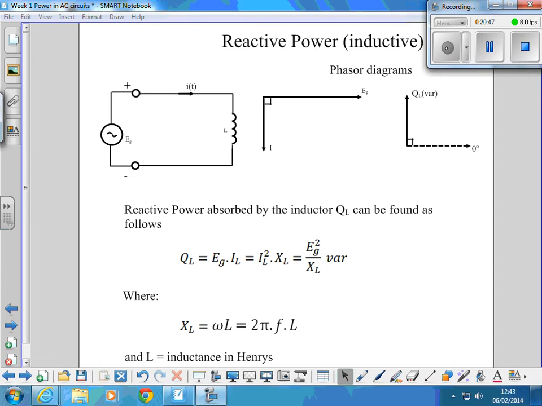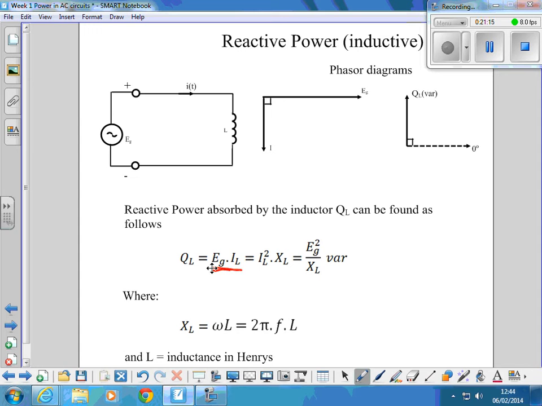A couple more bits to talk about on that situation. There are a number of ways that you could find out the reactive power absorbed by the inductor, QL. You can find it from the generator voltage, in this case, the product of generator voltage and the inductor current.